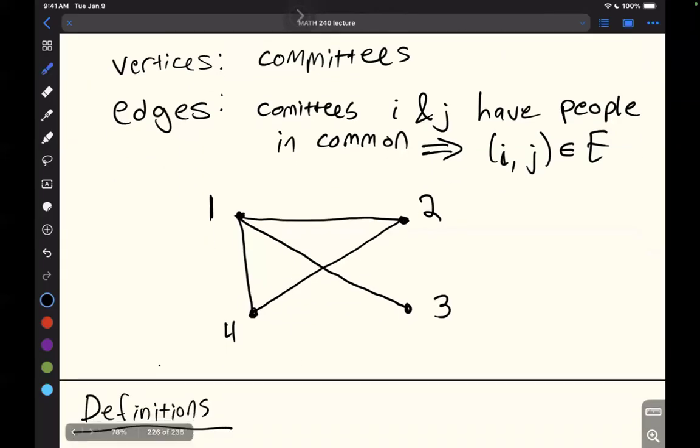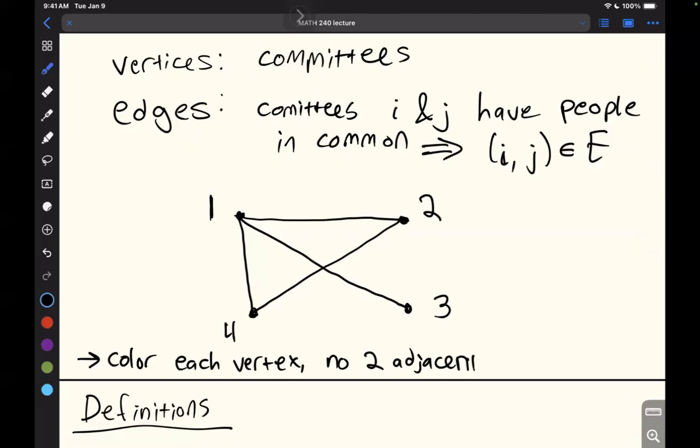So we're going to color each vertex. No 2 adjacent vertices get the same color. This is where your colored pencils come in. There's lots of places we can start.